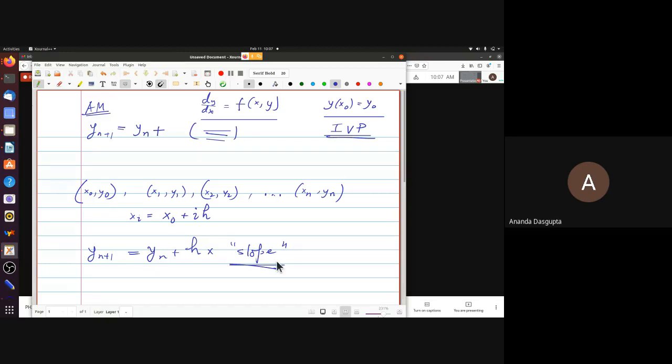When I say some kind of slope, it means some value of f of x, y which you have calculated by some algorithm, which is supposed to reflect accurately the average rate of change between xn and xn plus 1.